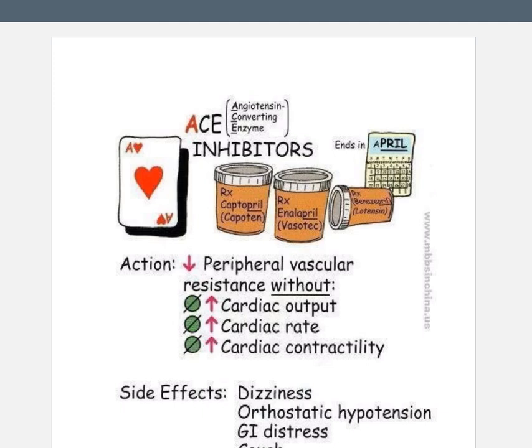Now we're going to talk about the category of medications called ACE inhibitors, or angiotensin converting enzyme inhibitors. We do see these prescribed for patients with hypertension, so we can classify that therapeutic effect as an antihypertensive medication.